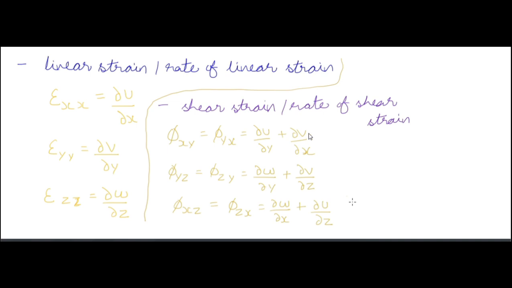V is in the y direction and it is differentiated with respect to x. This is the way you have to remember it. Similarly, phi zy is equal to dou of w by dou of y, meaning w is in the z direction while it has been differentiated with respect to y, and v is in the y direction but it has been differentiated with respect to z.